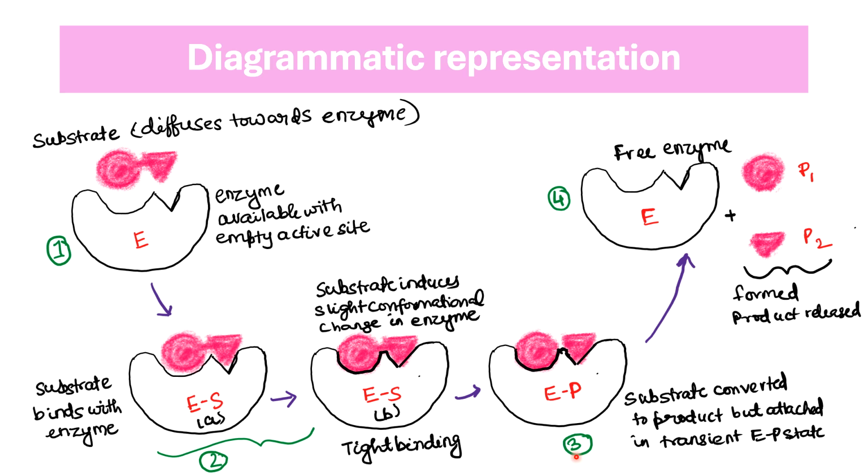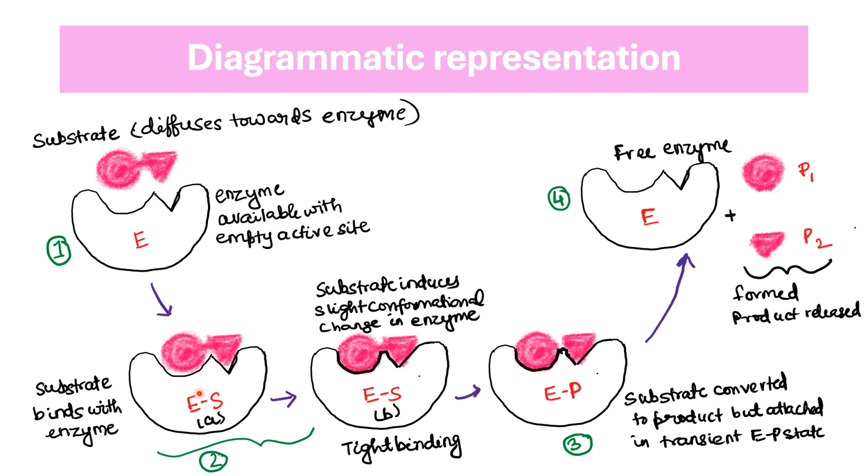In the third stage, the bonds of the substrate are broken down, it is transformed, and the product is formed, but the product is still not released from the enzyme. A temporary enzyme product stage is formed. Finally, in the fourth stage, both the enzyme and the products are released in the reaction.